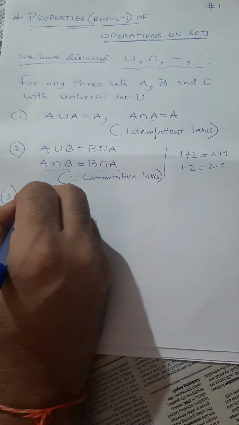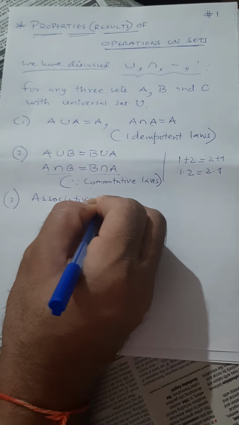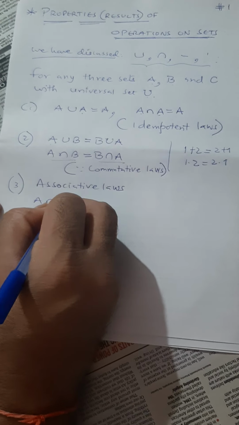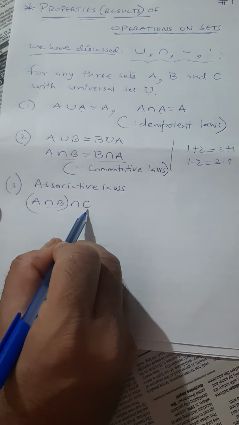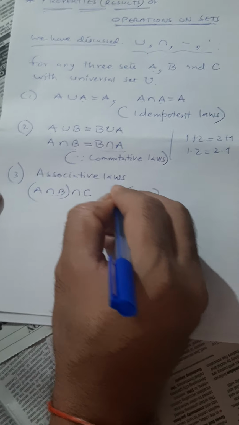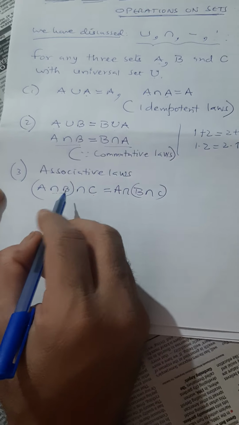The third important property is called the associative laws. That's for three sets. I'll find A intersection B intersection C. So I'll get this first and then this. Here I'll find B intersection C first, then intersection with A. These two are always equal.